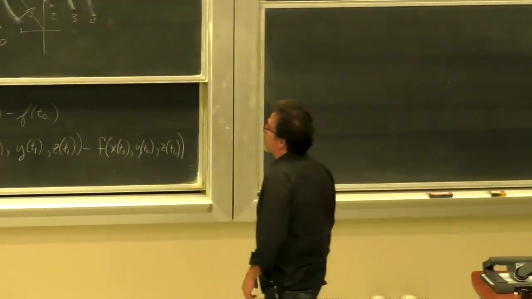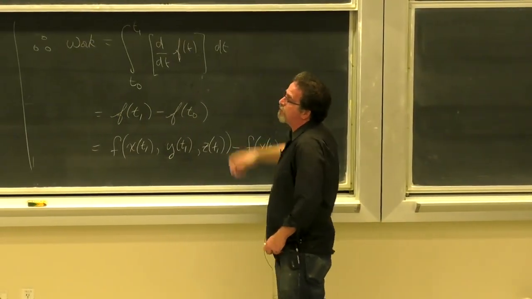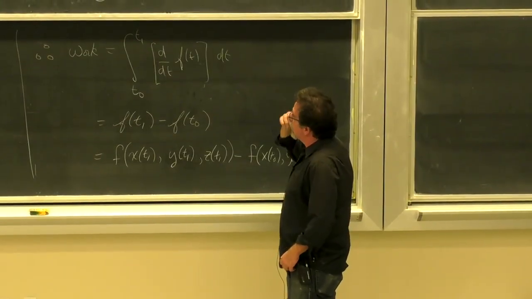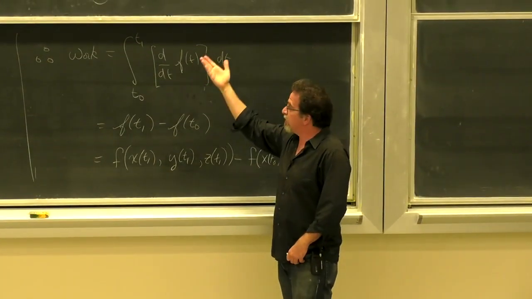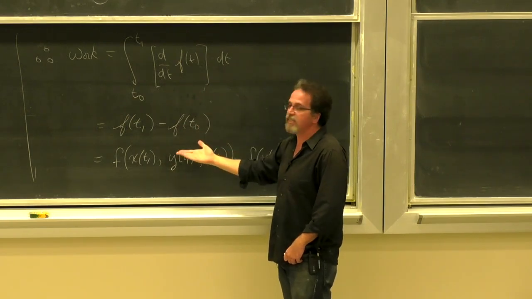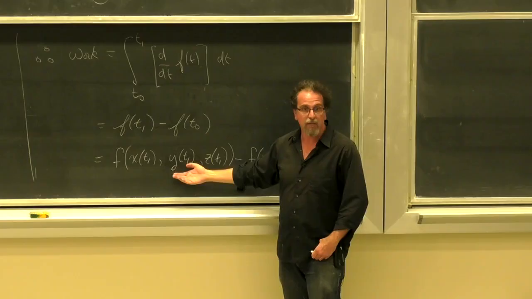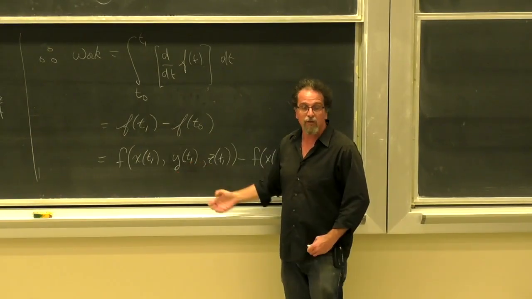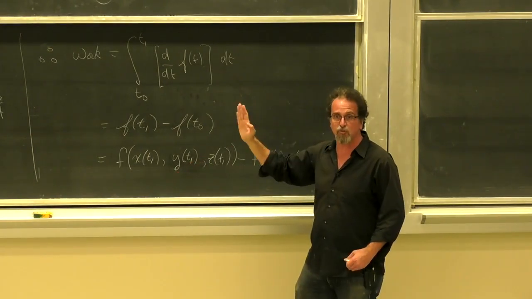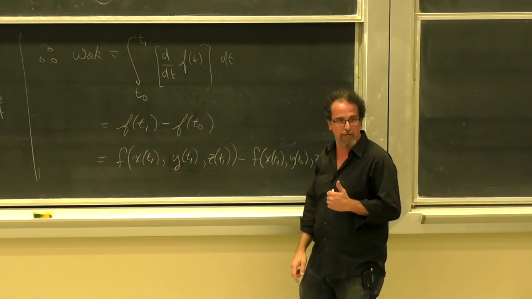Okay. So this is the story about path independence. Because this tells you that the line integral of the vector field is independent of path, because it only depends on the beginning point and the end point. It doesn't depend on how you got there. That's not true of all vector fields. But it's true of vector fields that can be written as the gradient.